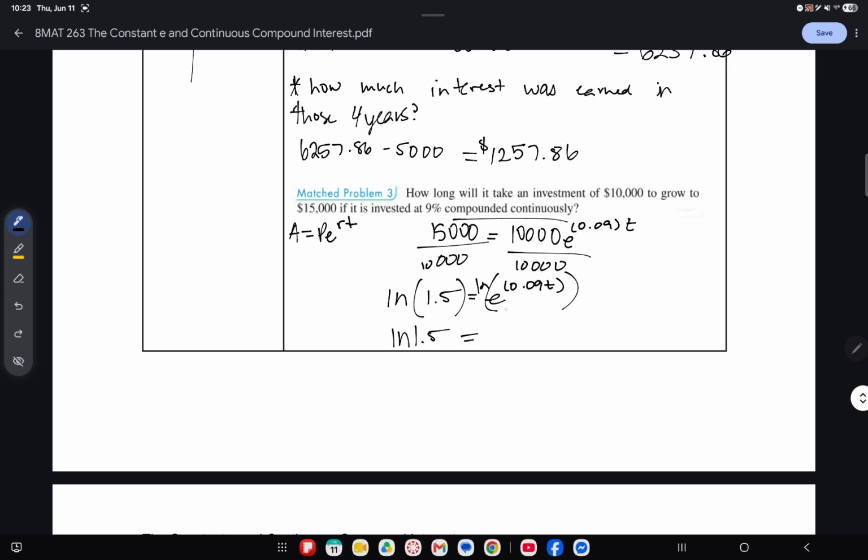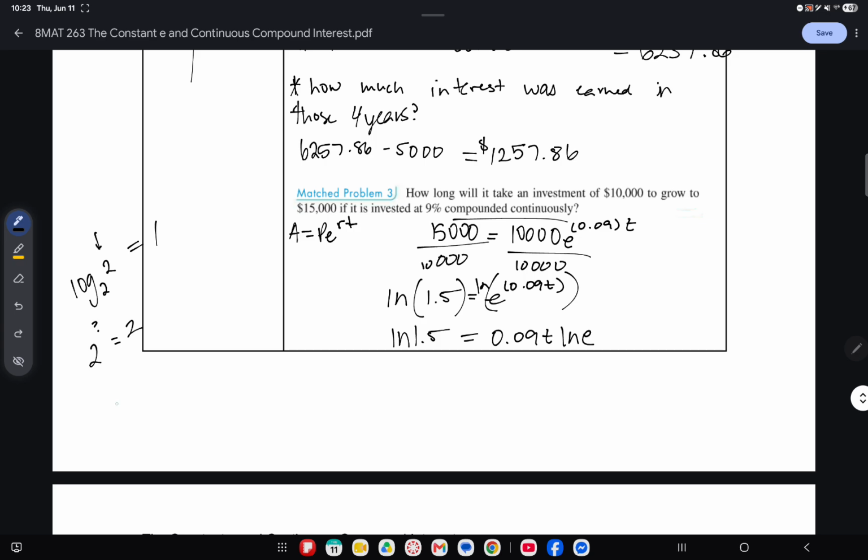So natural log and e. I can use my log rules and bring that exponent out front. So 0.09t times the natural log of e. Well, if you remember your log rules, if the base was the same as the number next to it, it was always 1, because the answer to a log is always what exponent is the base raised to get the answer.